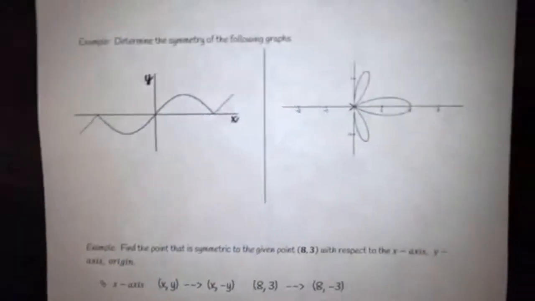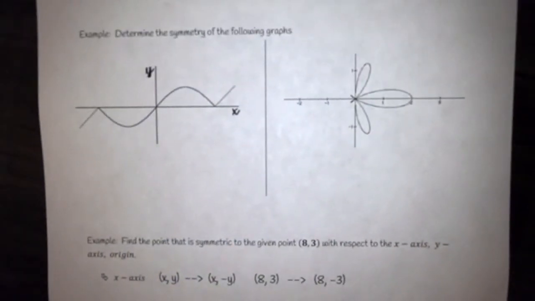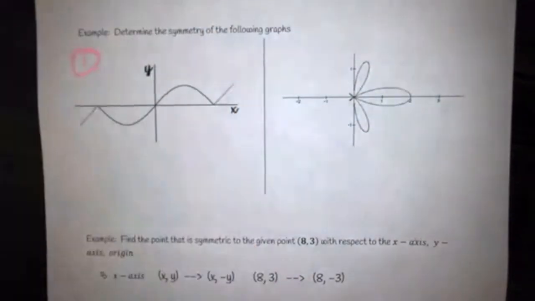Alright, so knowing that, let's look at a couple examples. So here we have a couple of graphs. Let's look at the left one first. And let's look at what we know.